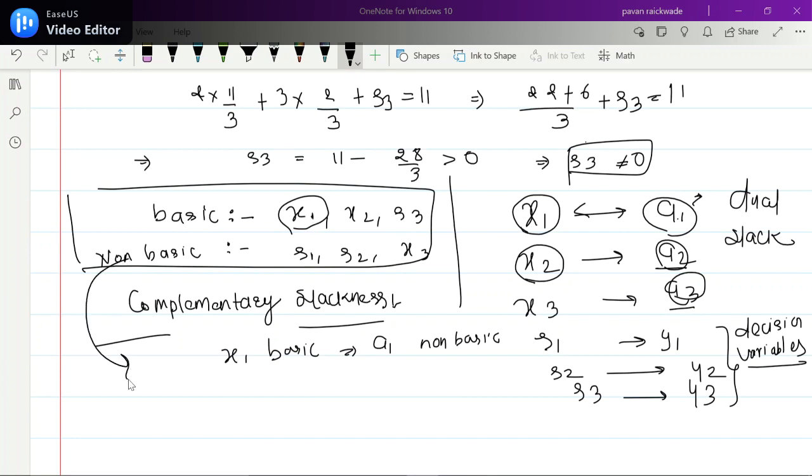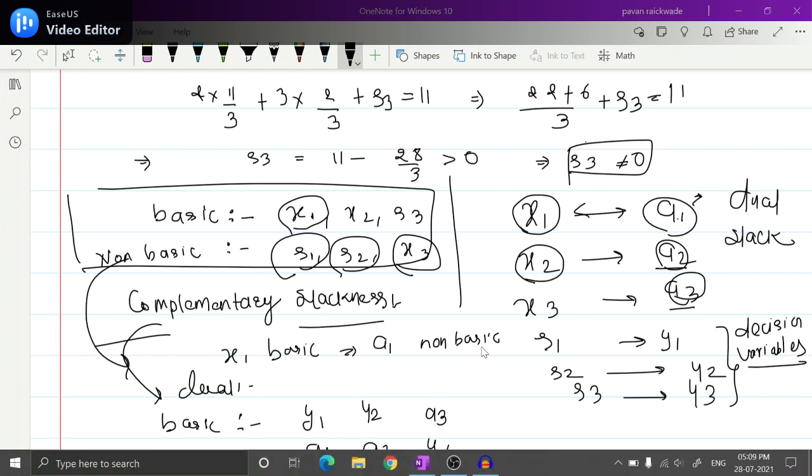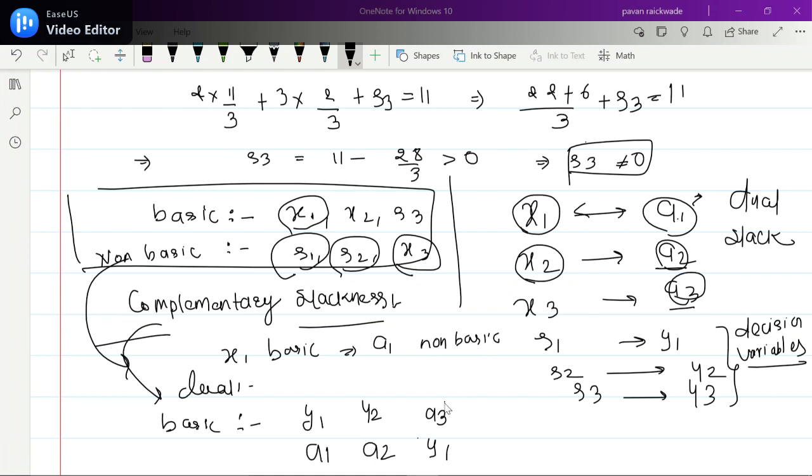So from this and the complementary slackness, what we conclude is, in the dual, the basic variables will be: corresponding to s1, y1 will be basic. Corresponding to s2, y2 will be basic. Corresponding to s3, A3 will be basic. Others will be non-basic. Others means A1, A2 and y3. So these are non-basic variables. Okay.